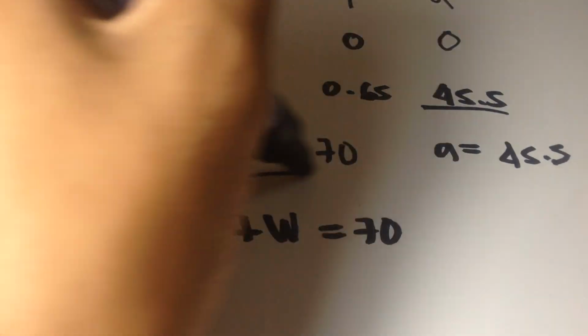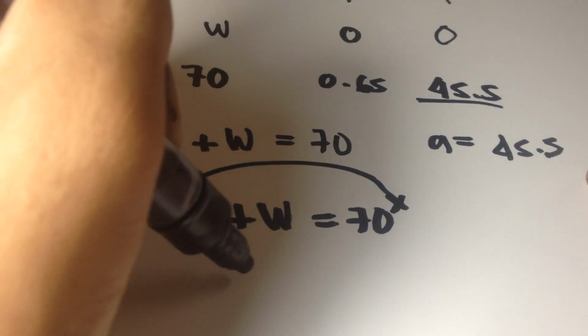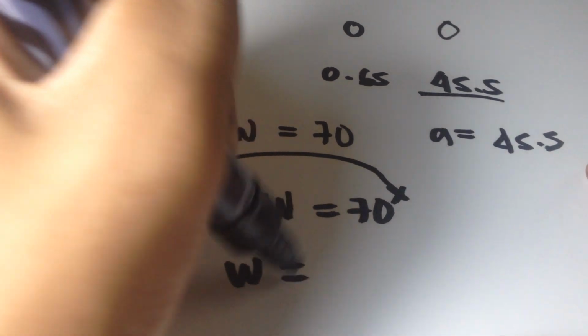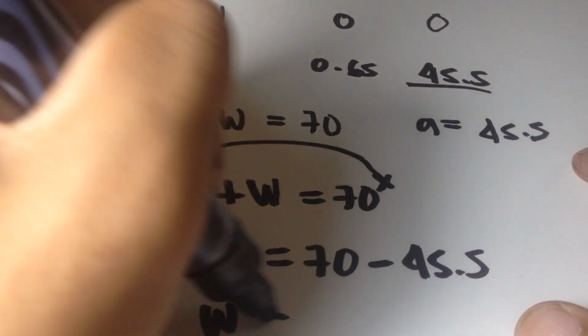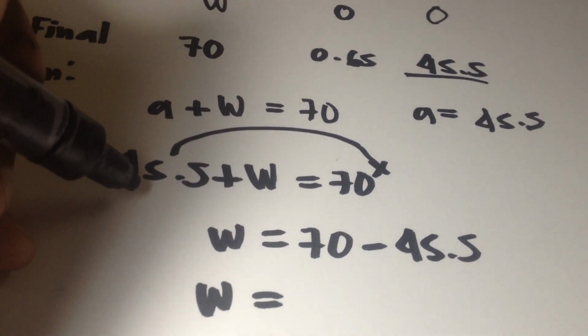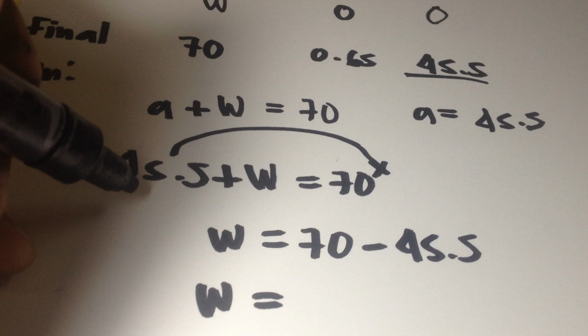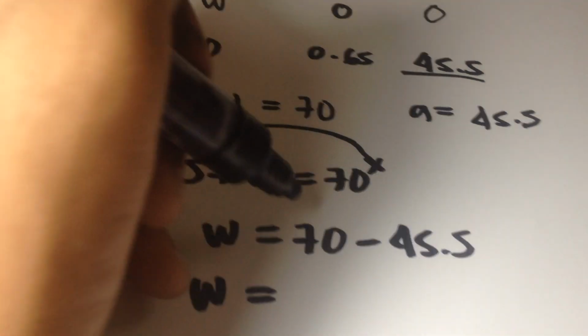Transposing, W is equal to 70 minus 45.5, which is 24.5.